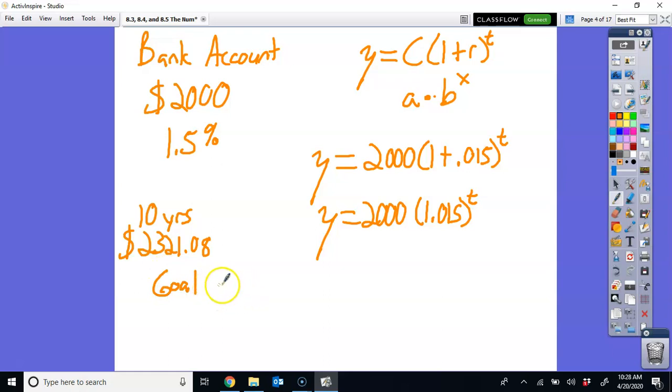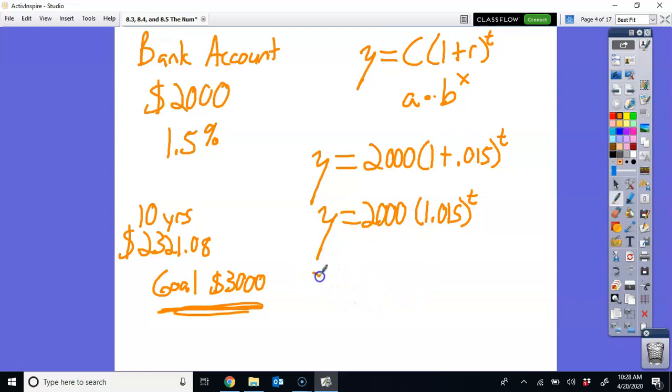If that's the case, what I'm asking you to find now is not the amount that you will have after a certain number of years, but the number of years that it will take me to get to a certain amount. And that's where this new function that we're talking about comes into play.